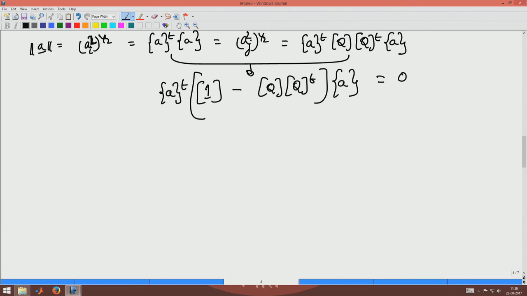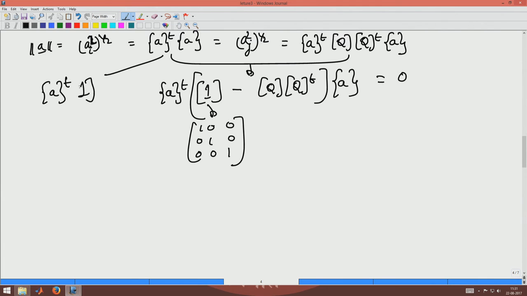Okay. Now, this identity matrix means the diagonal terms alone are 1: 1 0 0, 0 1 0, 0 0 1. So, you can see I have done nothing. If I multiply this with A, I will get back A. So, what I have done is I have written this as A transpose identity matrix times A, and essentially I have done nothing in here, just that I have introduced one more matrix here for simplification.